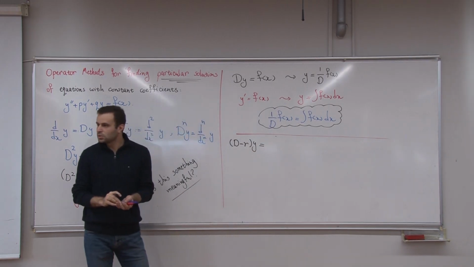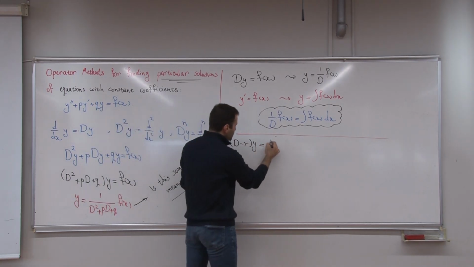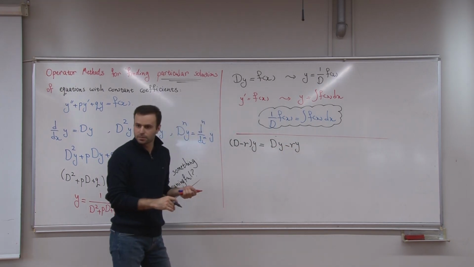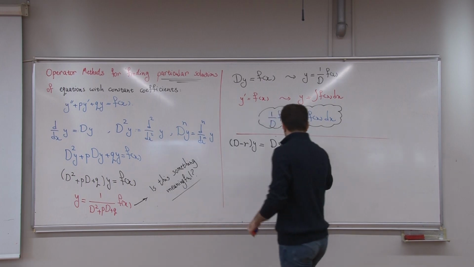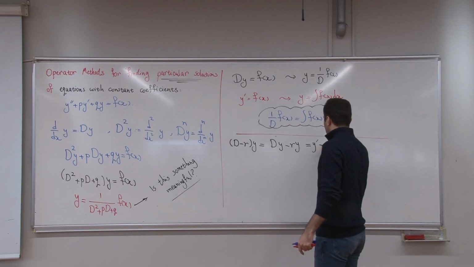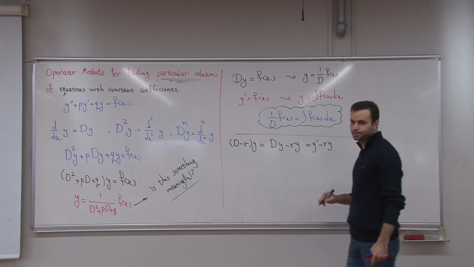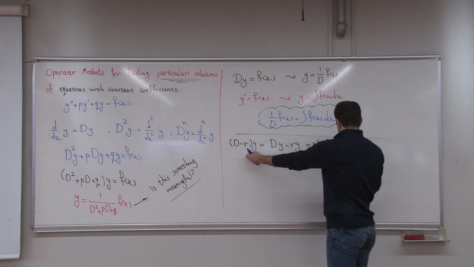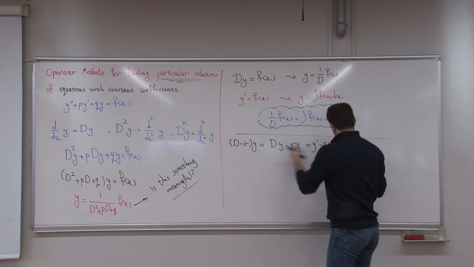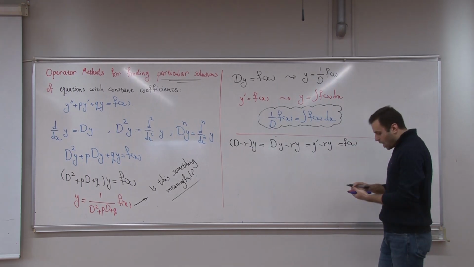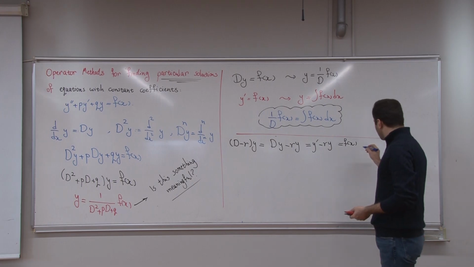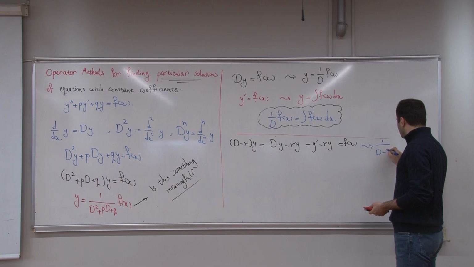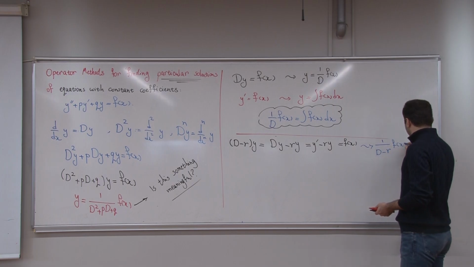How do we define this? We define this as dy minus ry, right? Which is going to be equal to y prime minus ry. If this is equal to f of x, a function or whatsoever, how can I define 1 over d minus r of f of x?